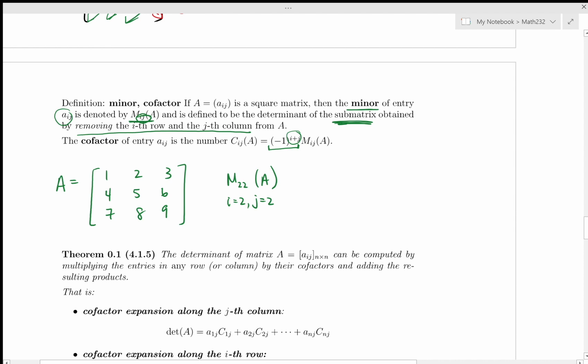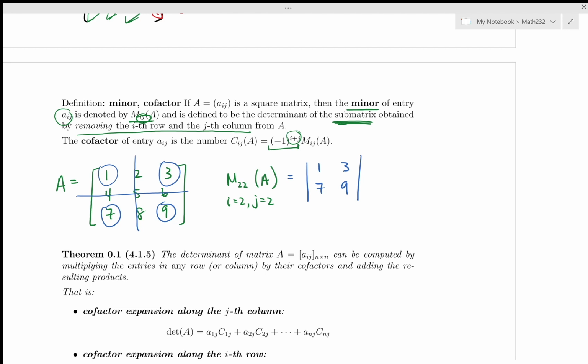So I'm going to take a pencil and cross out the second row and the second column, and then the 2,2 minor of A is the determinant of what's remaining, the submatrix. Those are the numbers that didn't get crossed out, which I can compute because it's a 2 by 2 matrix. So this is equal to 1 times 9 minus 3 times 7. That is 9 minus 21.